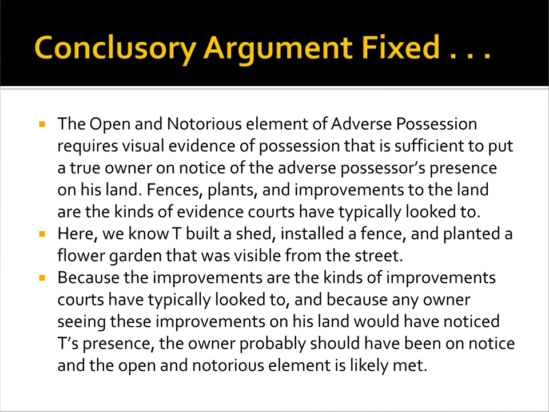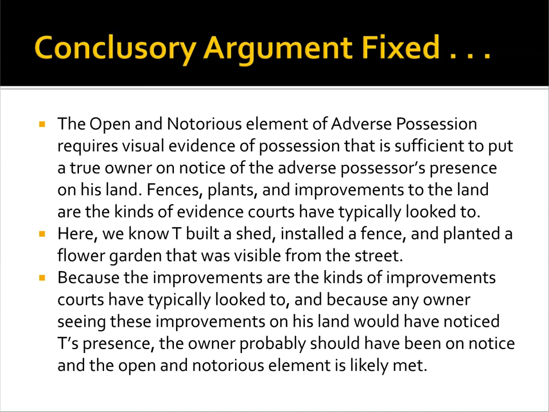That's the rule. The second bullet point says here we know T built a shed, installed a fence, and planted a flower garden that was visible from the street. That's rule application, so we've taken the rule, applied the facts in the case, and then the conclusion.